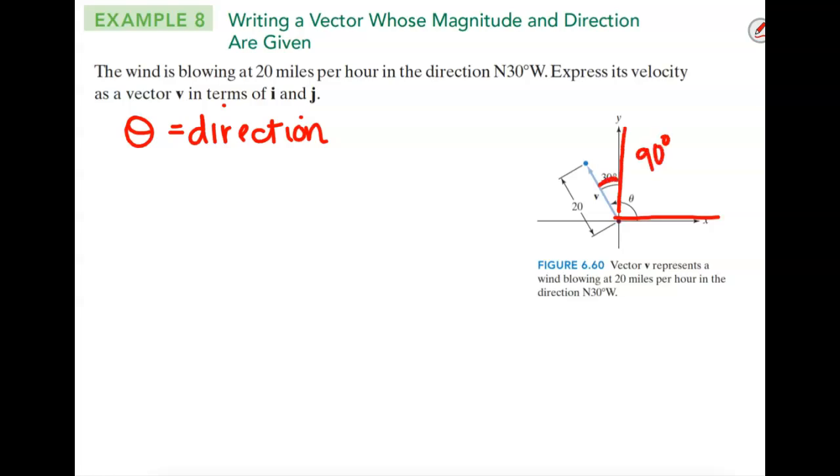And now we have another 30 right there. So the direction in which this vector travels is 120 degrees from the positive x-axis. So again, this angle right here, our angle theta, is 120 degrees.